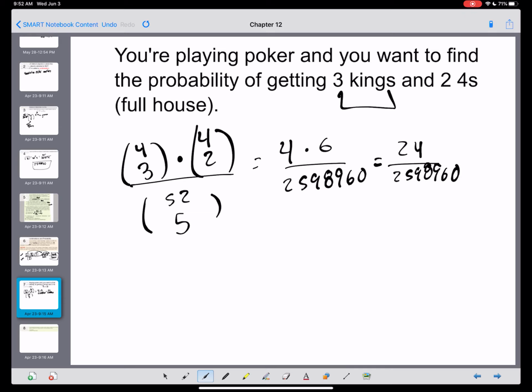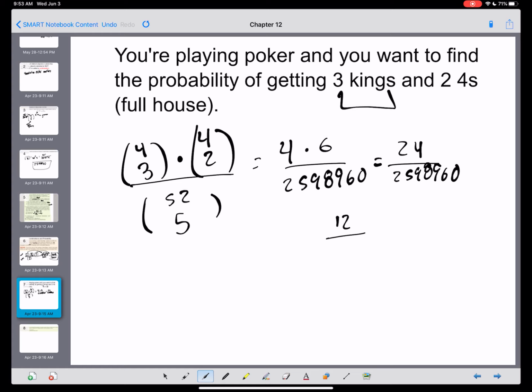We can probably reduce that, to be honest. Can this calculator reduce for me? No. Nope. Okay, so I don't know. I mean, it's fine if you don't reduce. No, I shouldn't say that. As a math teacher, I should not be saying that.